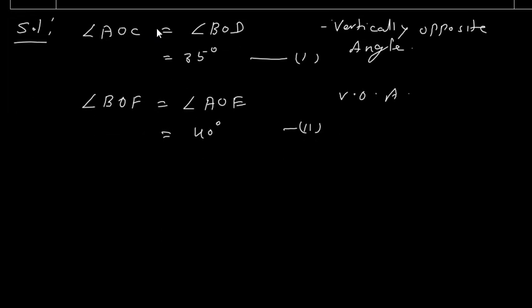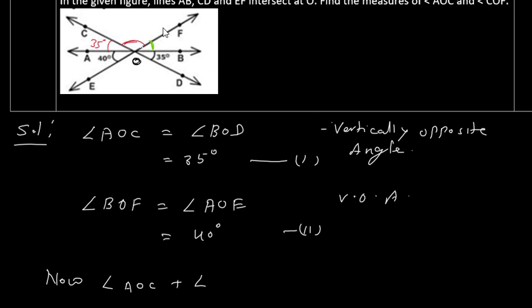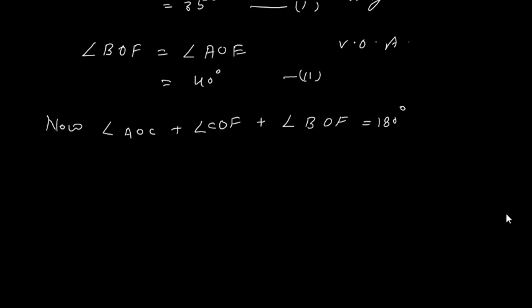Now we have angle AOC plus angle COF plus angle BOF. The addition of these three angles is 180 degree. What is the reason? They are angles in linear pair.